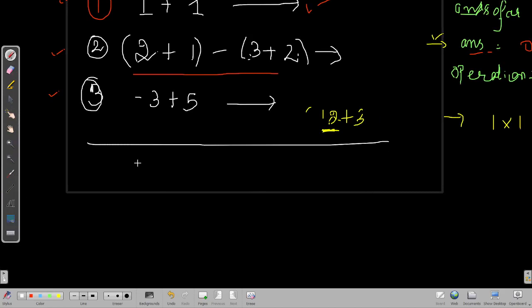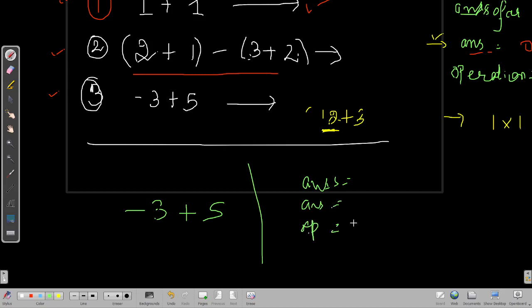Let's see how we can do it. So there is a -3, then plus, then 5. Initially we have our answer so far and we have our operation. So initially this is 1, this is 0, this is 1. When we start iterating from there, this is negative, so we make it -1.